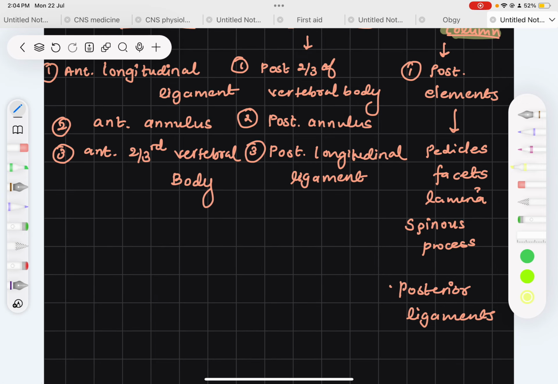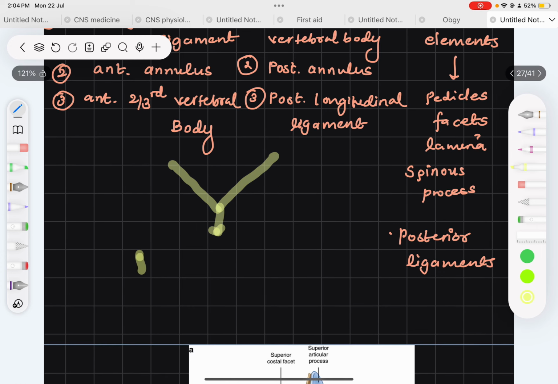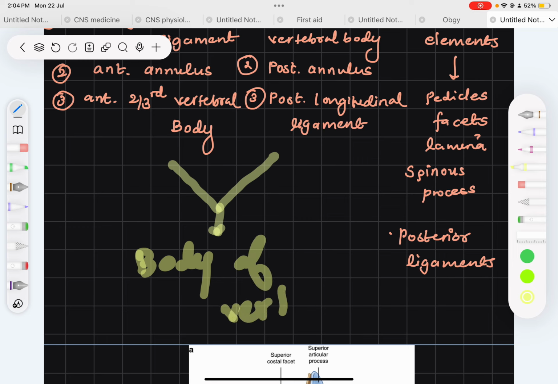And in that we also have to learn about all the ligaments associated with the spinal column. The body of vertebra.